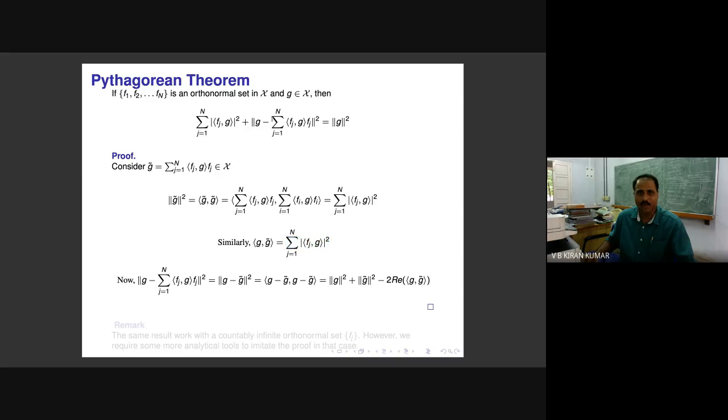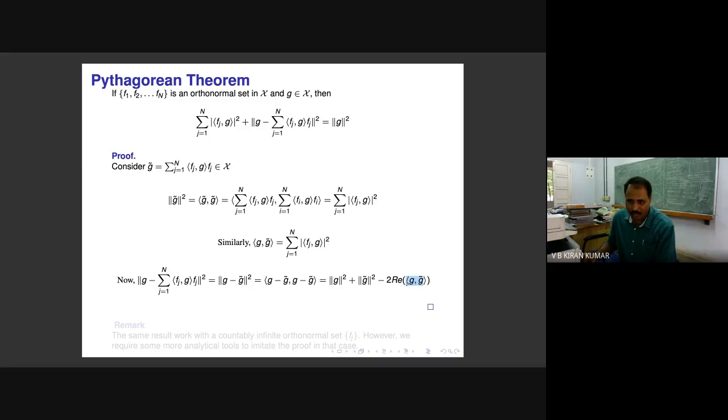Now what you do, you just compute this norm square. So you write it here, and you know that the second entry is g tilde. So by notation, it is norm g minus g tilde square. Now again, by definition, this is the inner product of g minus g tilde with g minus g tilde. Now by linearity, it is norm g square plus norm g tilde square minus 2 into the real part of the inner product of g, g tilde.